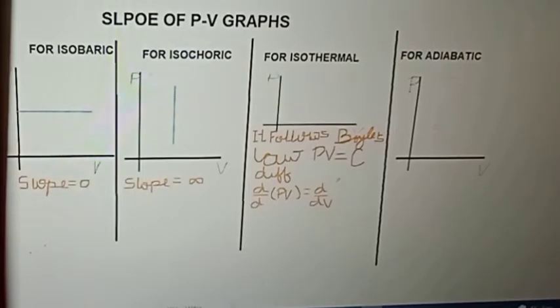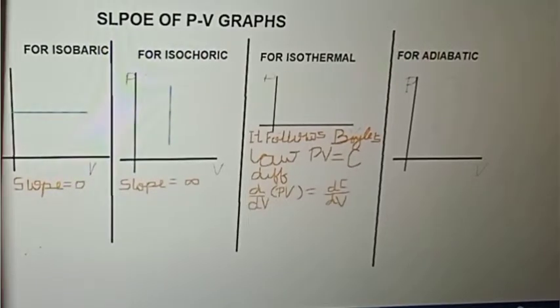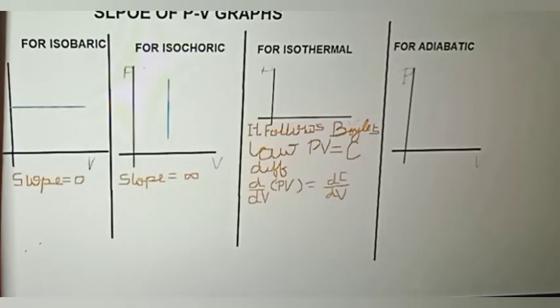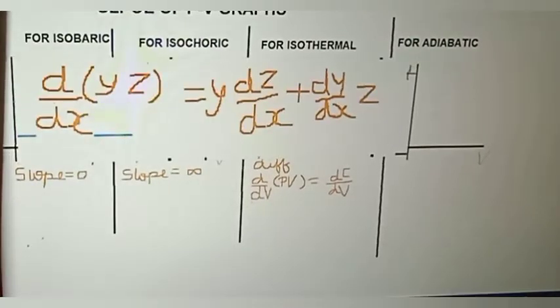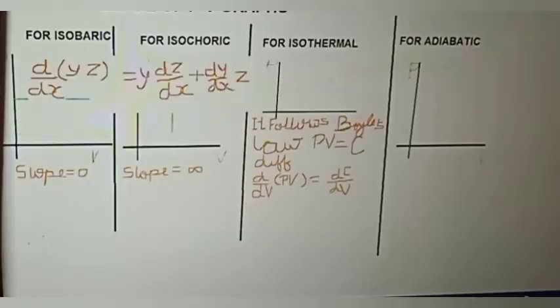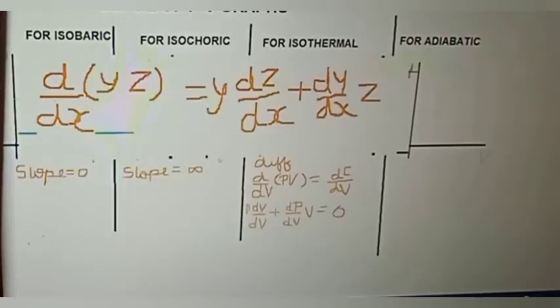So in such cases when there are two variables and we have to differentiate, there is a formula in calculus for two variables. Here it is. So if x and y and z are variables, then this is how they will split.